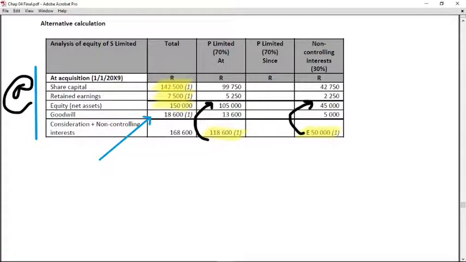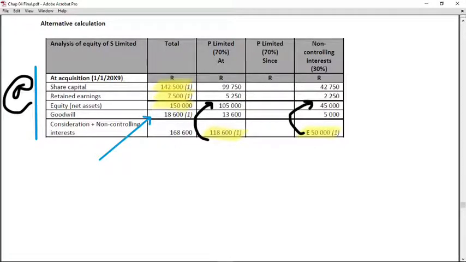So strictly speaking, at this point in time, you are not working with any of the amounts in these columns. You are only concerned about the value of the business, the equity of S. You need to know how much the parent was willing to pay and how much the parent measured NCI to be. Those compared with each other then either give you goodwill or a gain from bargain purchase.